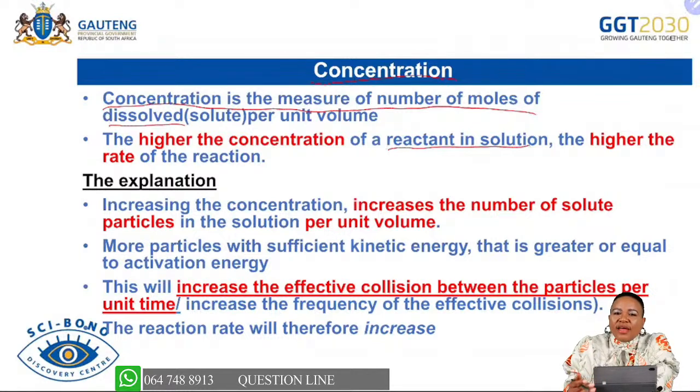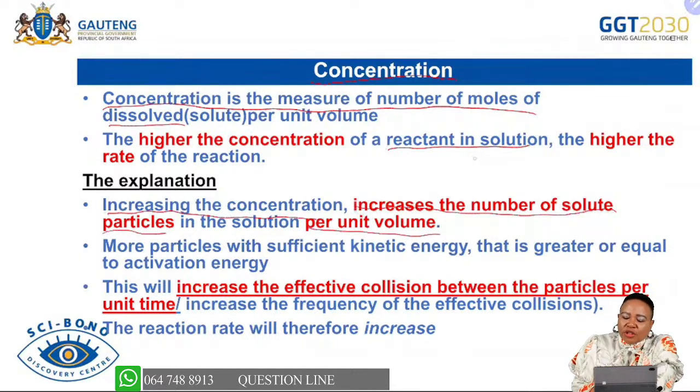Now, how does concentration affect the rate of reaction using collision theory? The increase in the concentration increases the number of solute particles per unit volume. So when we calculate the concentration, we normally say c = n/V, which is the number of moles per unit volume.